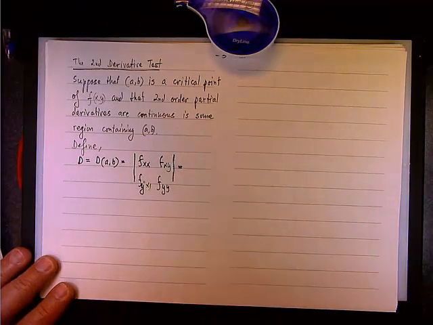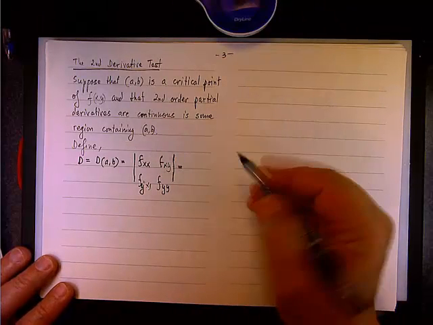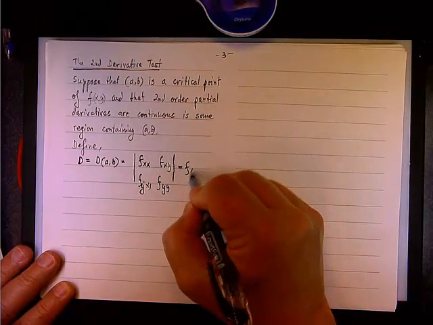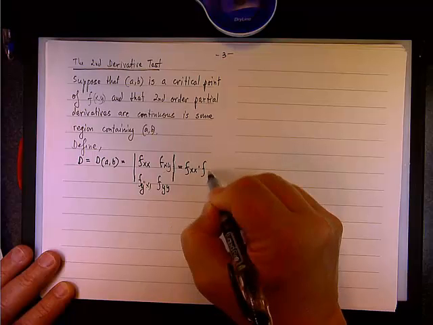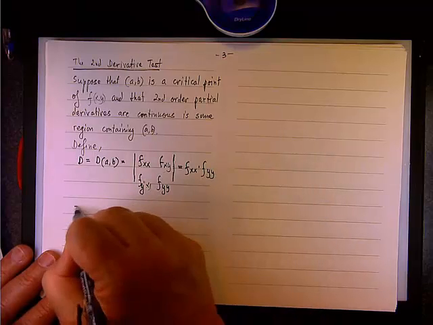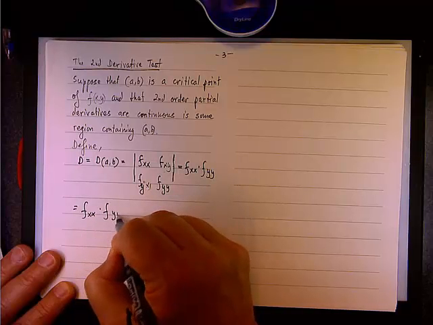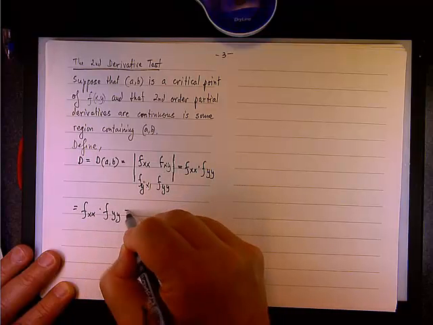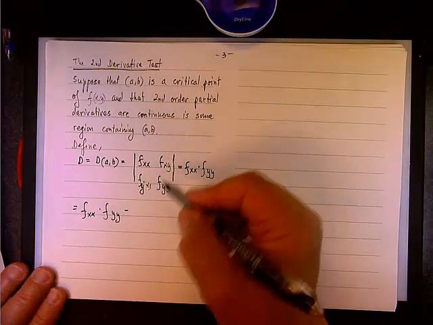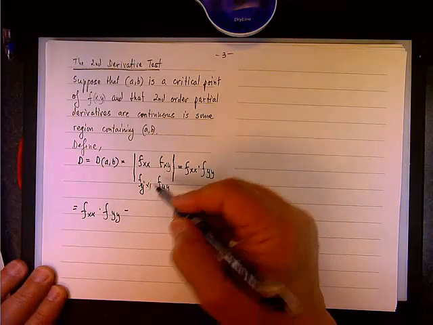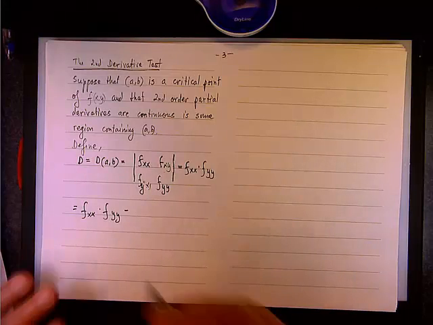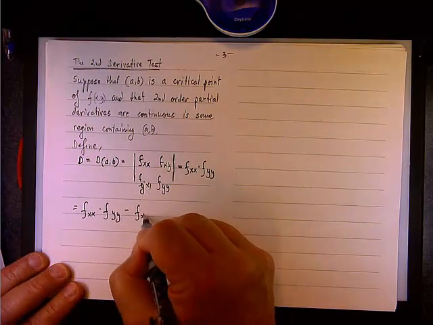But what is this? If you do the determinant of a 2 by 2 matrix, you have f sub xx times f sub yy. Let me write it here. Minus f xy times f yx.